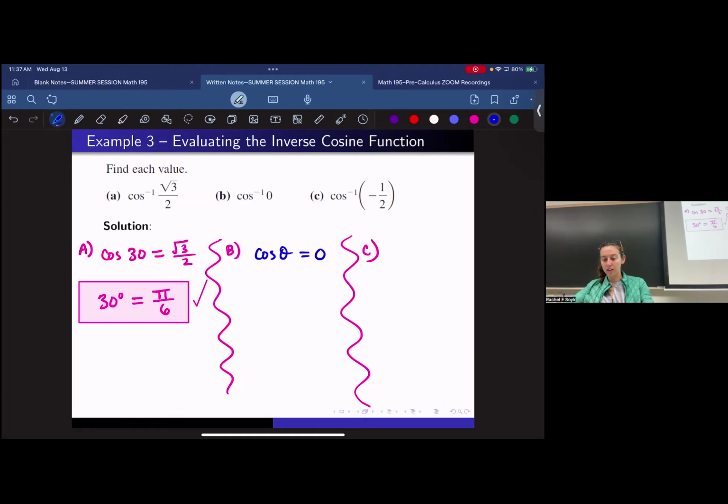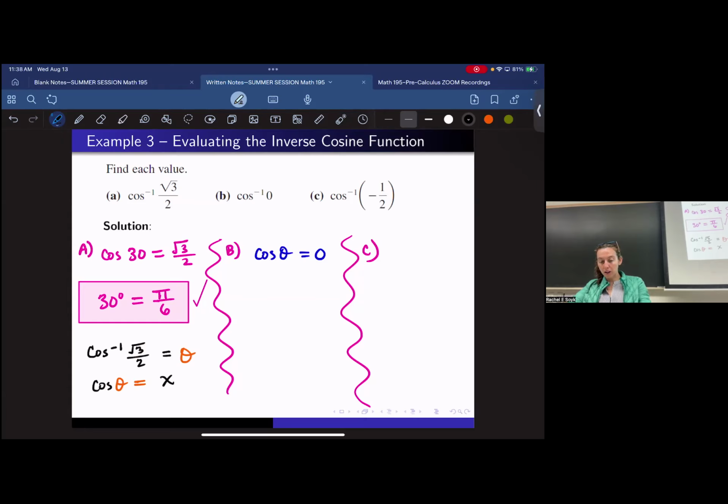Yes. So the inverse is the same. Whenever you see, for example, cosine inverse of square root of 3 over 2 is equal to x, actually, why don't we say is equal to theta? That's another way of just stating cosine of theta is equal to x.